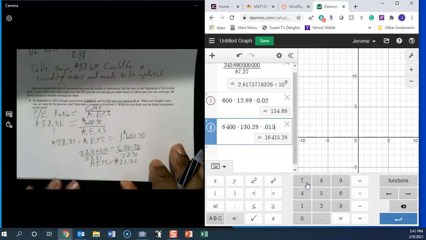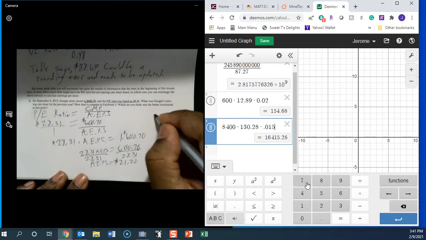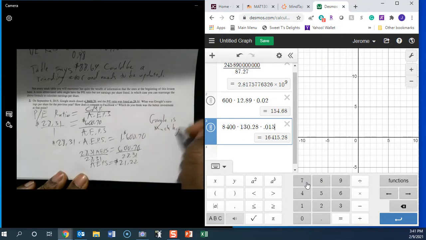Now, it asks us, which do you think was the better investment at that point? Okay, Google is much higher than, what was that, Facebook.